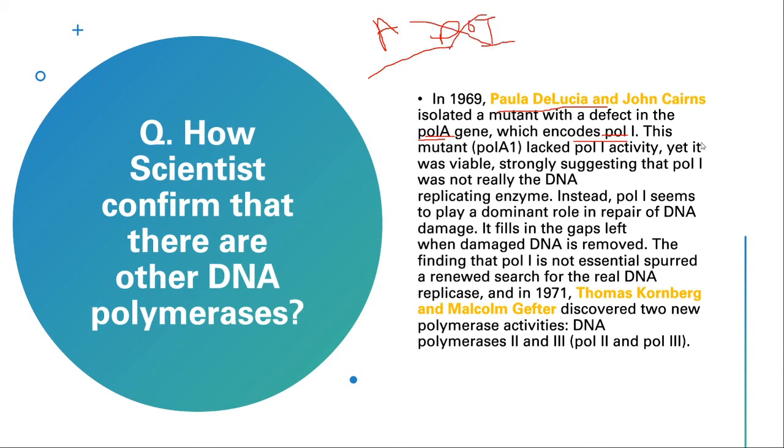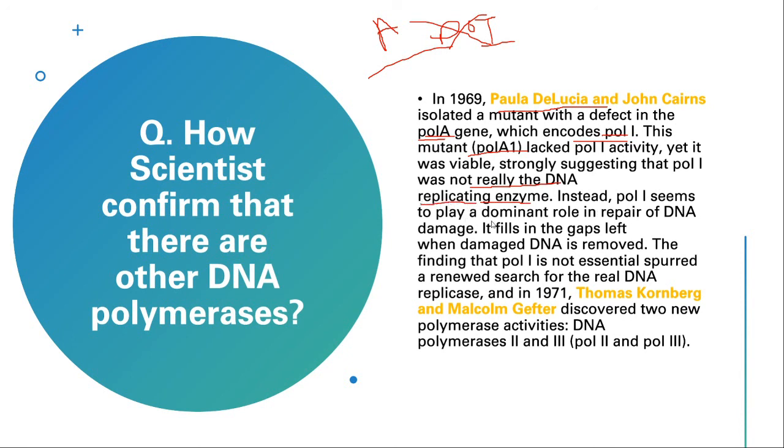This mutant, polA1, lacked Pol I activity, yet it was viable, strongly suggesting that Pol I was not really the DNA replicating enzyme.